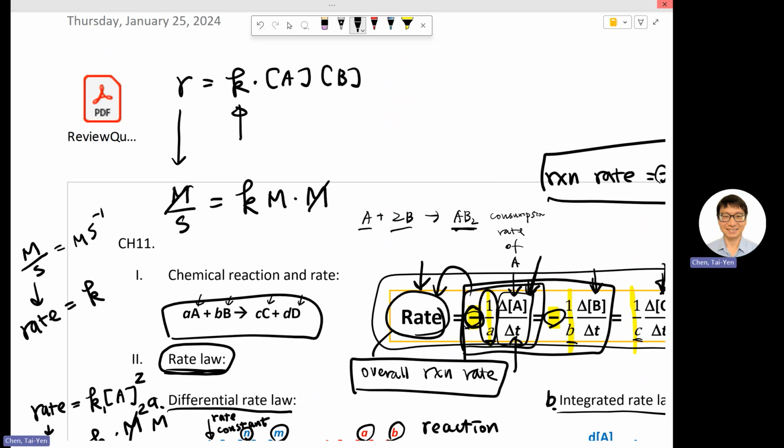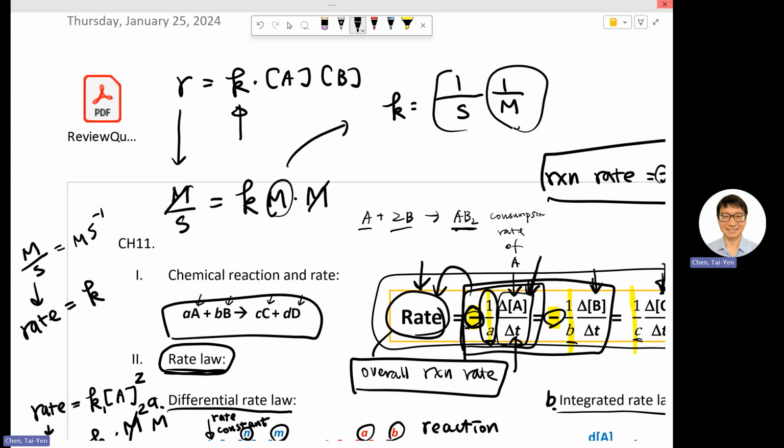To make both sides equal to each other, the unit of your k must be per second per M. So on the right-hand side, this term will cancel out with this, and you still have that, which equals the unit on the left. Make sense?